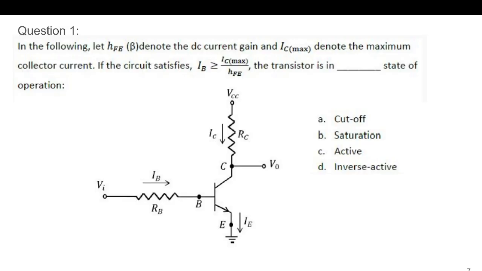So now let us take one question. We have given the circuit. Can anyone answer what is the circuit operation of this given circuit? We have seen the circuit now. Any answers?